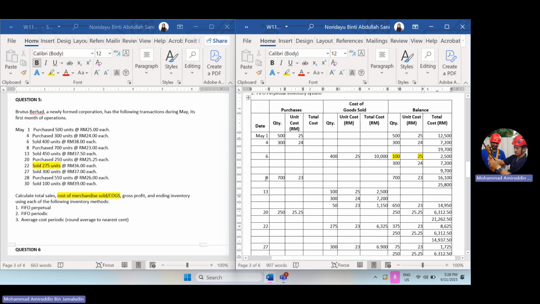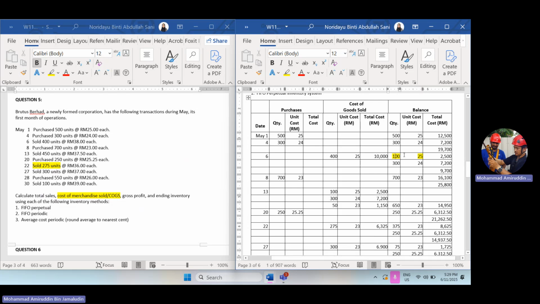On 8th May, we purchased 700 units, 23 ringgit each. So I just put it here. So now in my store, I have this one, this one, and this one. So this is the total. Okay? On 13th, sold 450 at 37.50. 450 units.